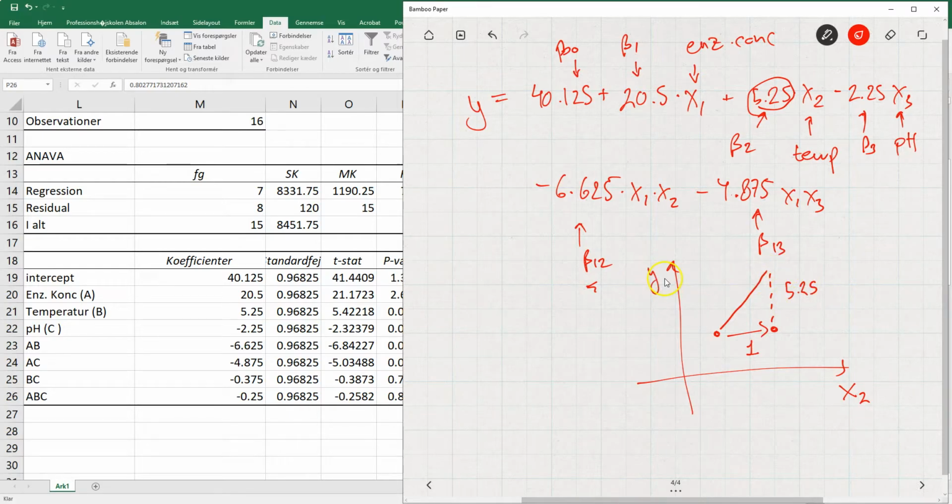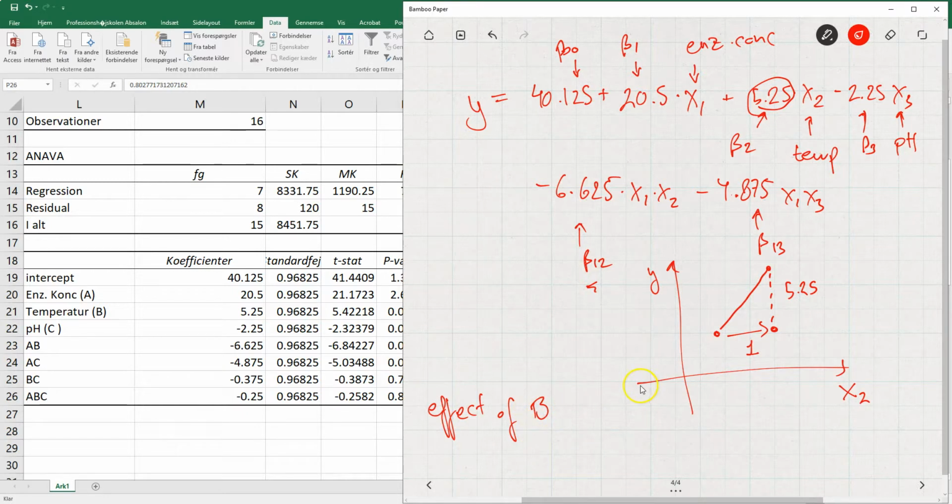So we're measuring the yield here. In the book, we talk about the effect of, say, factor B, so that's the temperature.